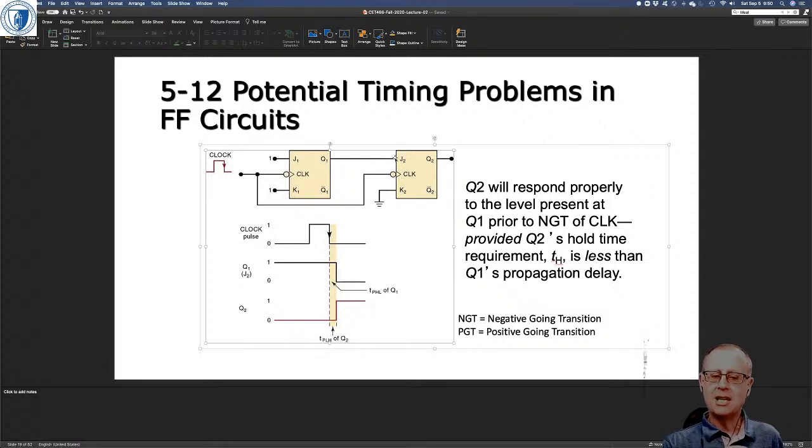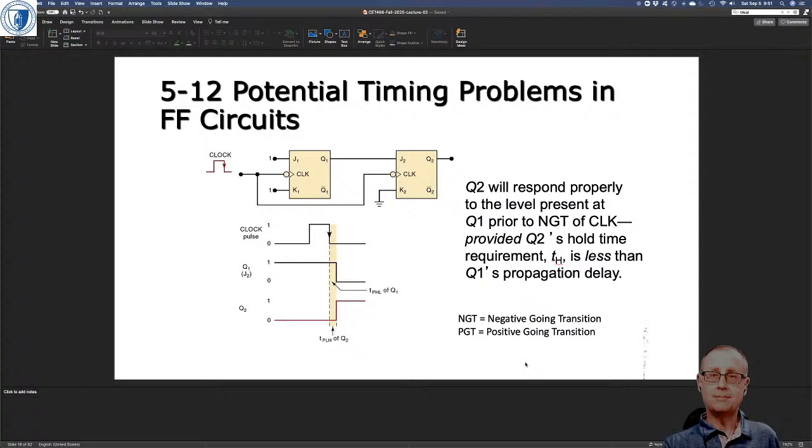It's that delay between being told it has to transition and looking at the value that it's going to use. And provided the look time here is longer than the propagation delay from input to output, then we're all good. Does that make sense? I hope that's what this slide is talking about.